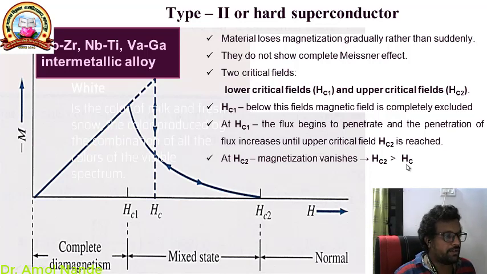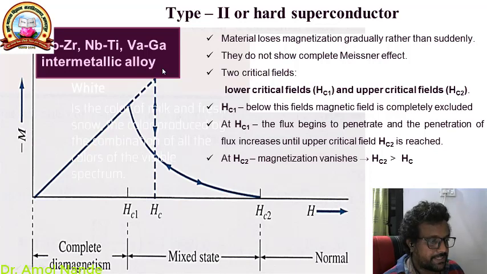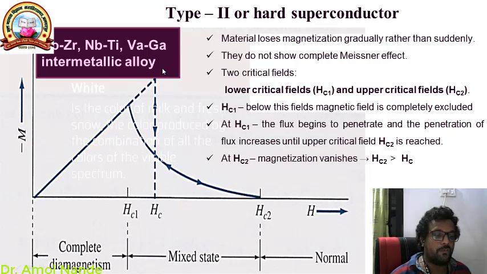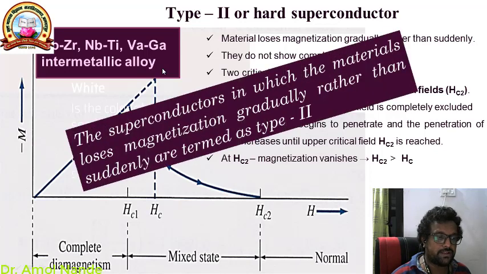The examples of type 2 superconductors according to your syllabus are niobium zirconium alloy, niobium tin alloy, vanadium gallium alloy. These are basically intermetallic alloys. Even oxides generally show this kind of behavior. So again, to summarize, a superconductor in which the material loses magnetization gradually rather than suddenly is termed a type 2 superconductor.